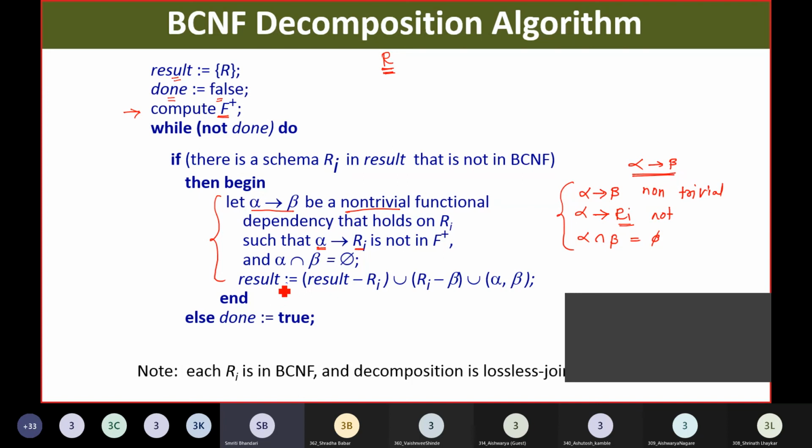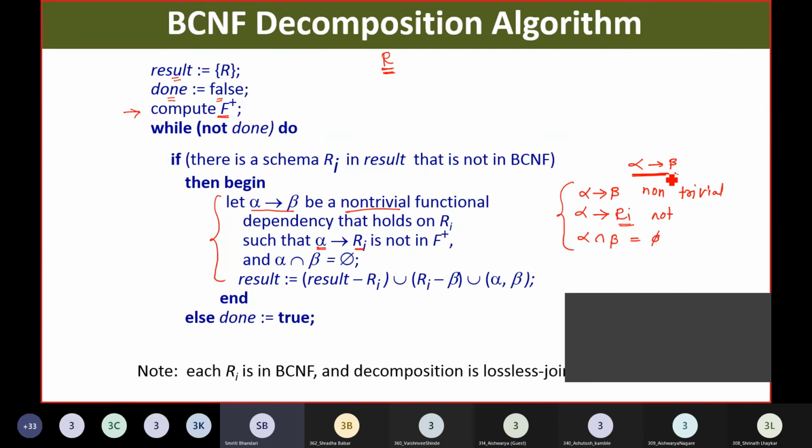And how are we going to decompose? See here, the new result is result minus Ri, union Ri minus beta, union alpha beta. What does this mean?